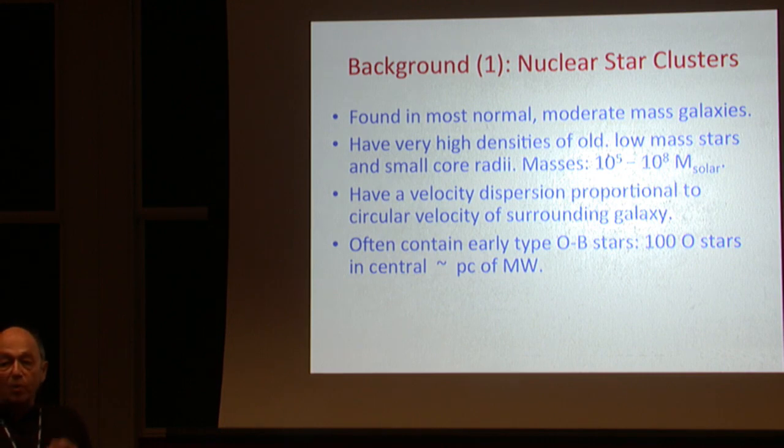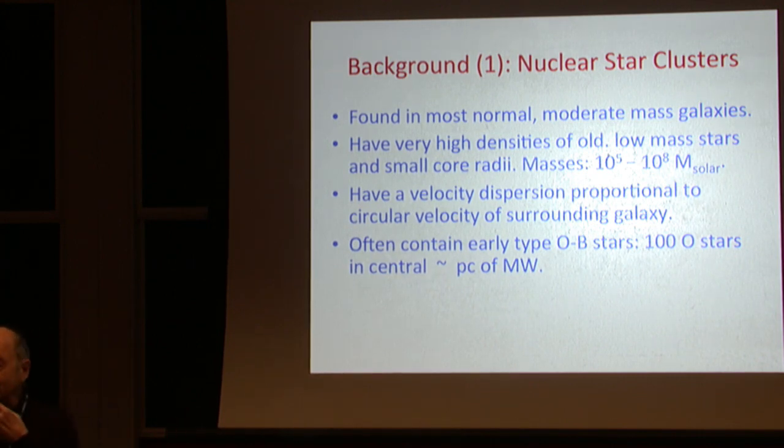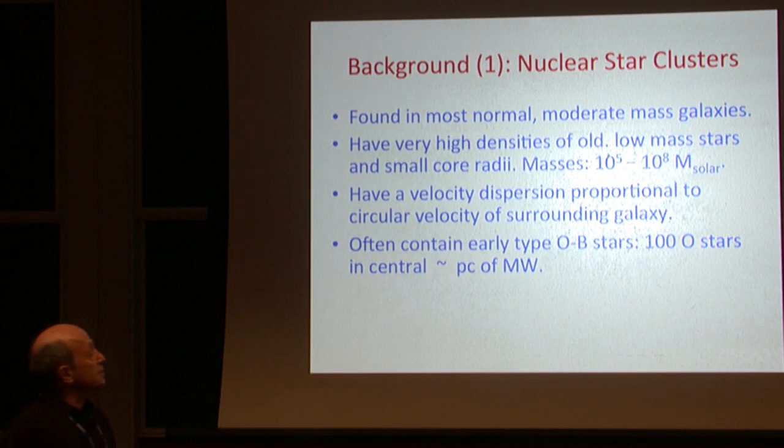So it may not be all the time, but if you take 100 O stars, their lifetime is 3 million years, it gives you a rate of formation. And at that rate of formation, you have a lot of black holes in the center. Now, every galaxy doesn't have 100 O stars in it, so you have to multiply by some duty cycle of roughly 10%. But you still get a lot of 10 solar mass black holes at the center.